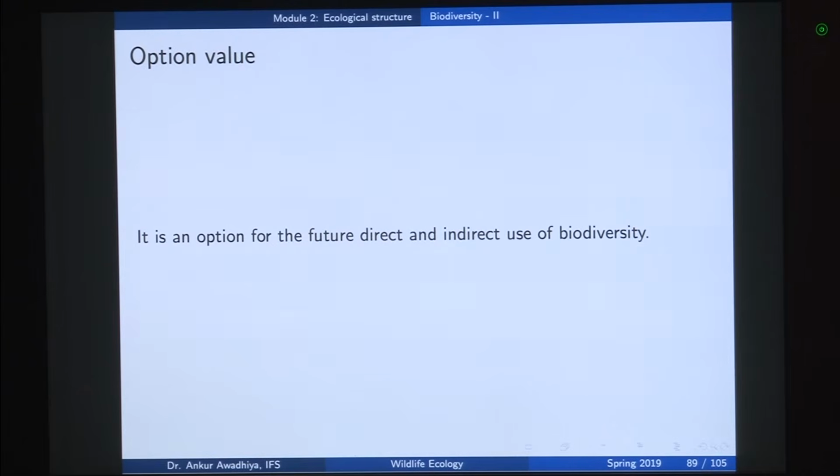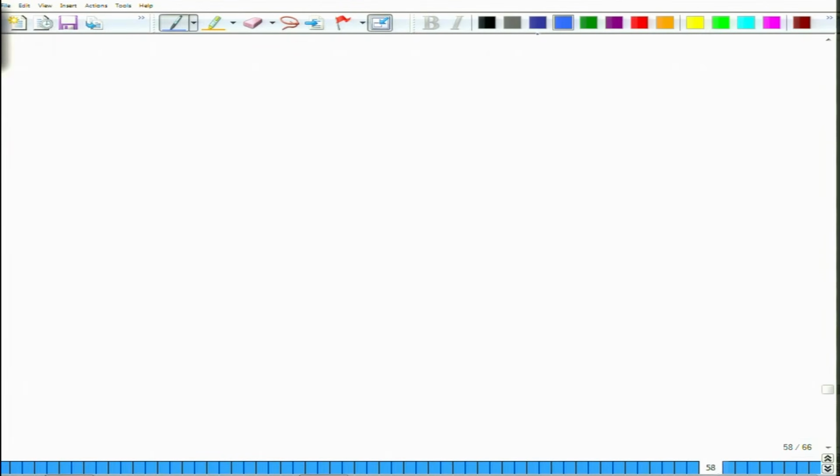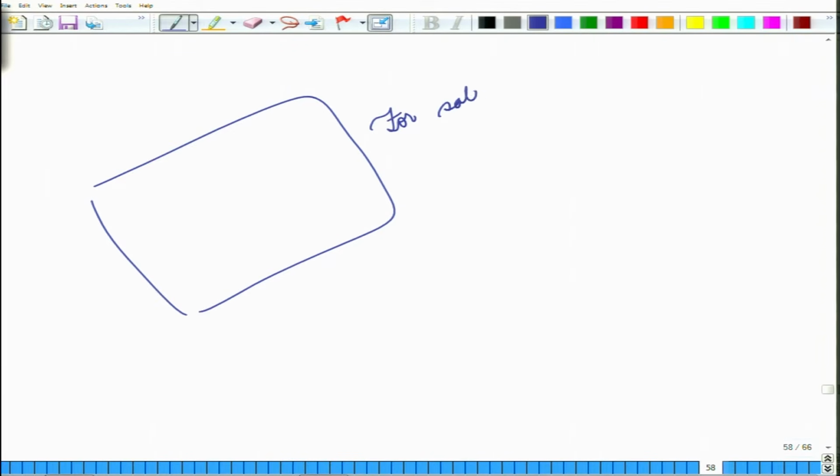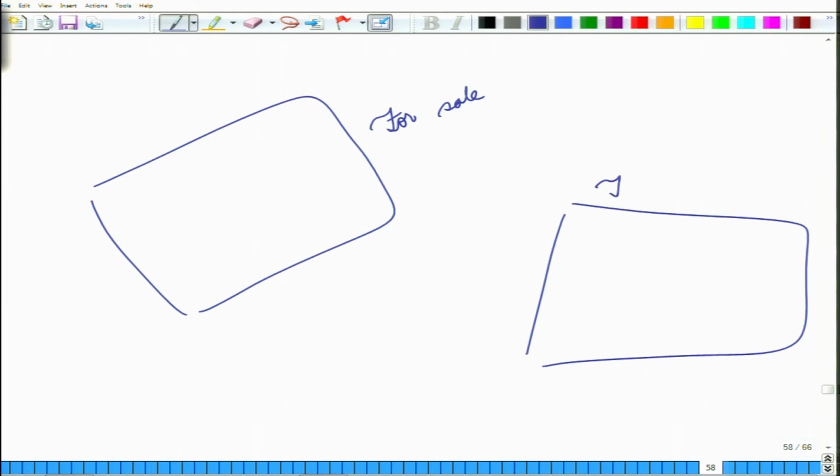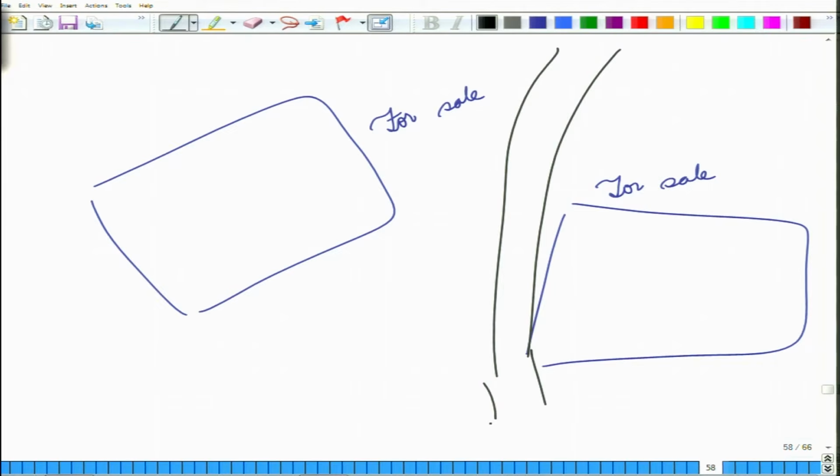Now, option value is the value that we are deriving for keeping this option open, that we are not using this forest now, but we are waiting for some time. So, to give another example, if you have say a piece of land that is available for sale, and this is an agricultural land, and then you have another piece of land that is also for sale, and you have a road that is passing near this one, but not near the first piece of land.